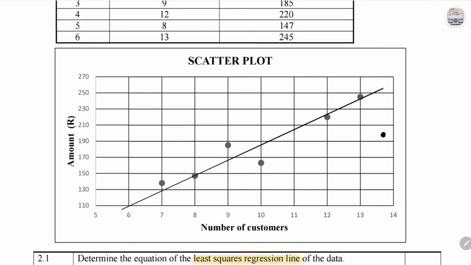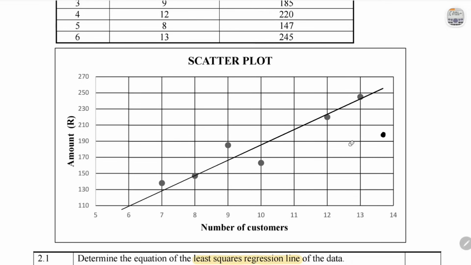If you start adding points that are away from that line, it messes with the consistency that we would have had, the correlation. So with the gradient as well, it's going to decrease that gradient because now you're adding more points here. So this line will not look the same anymore if you redraw it. This line will always follow that general trend, as in where most of the data points are.